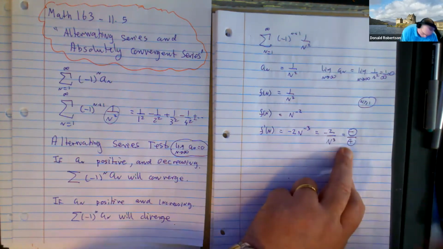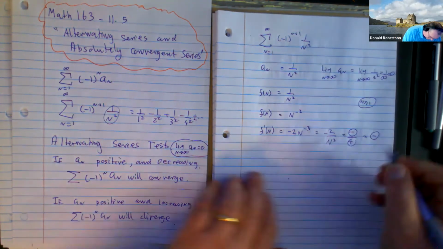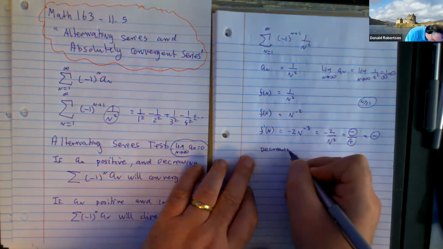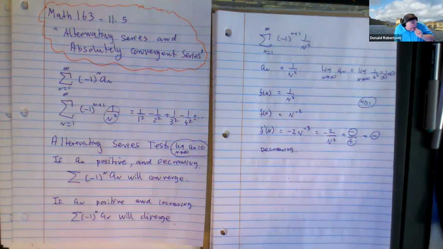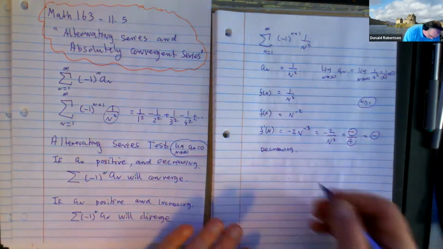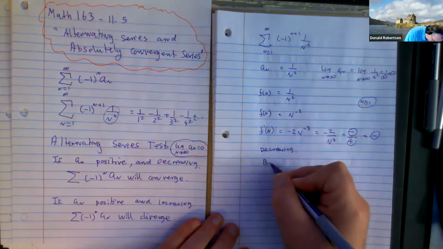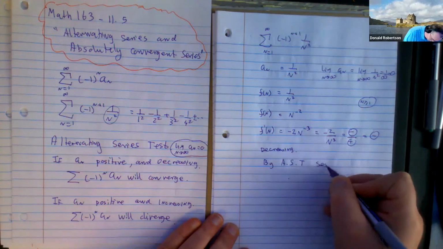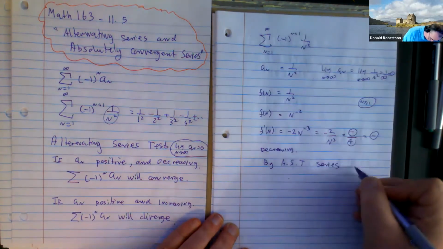A negative over positive is negative. That makes this function decreasing. Well, positive and decreasing, and its limit is 0. We are good to go. By the alternating series test, then, our series, this one, converges.